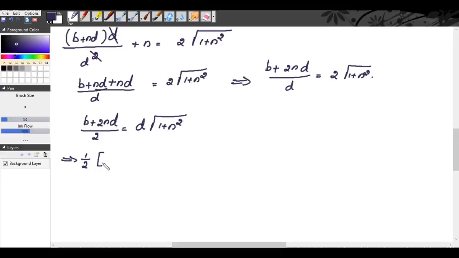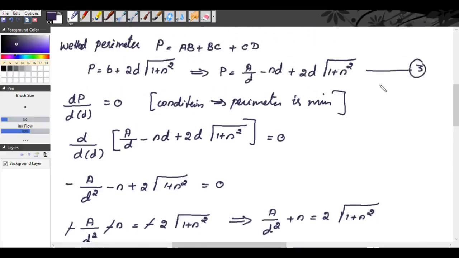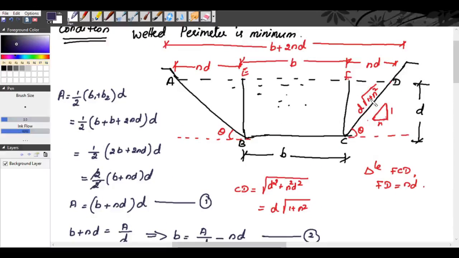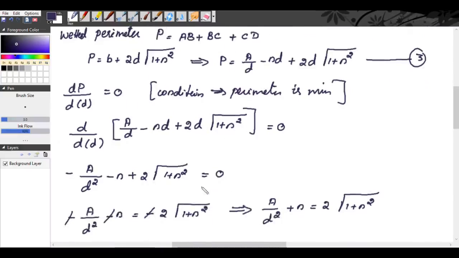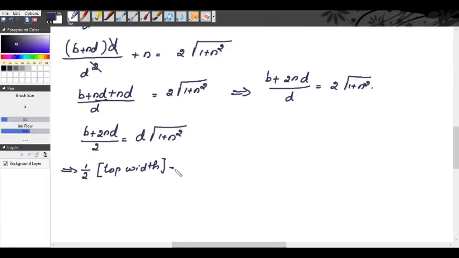So half of top width of the channel is equal to D into root of 1 plus n square, which is the length of the sloping side of the channel, or one of the sloping sides.